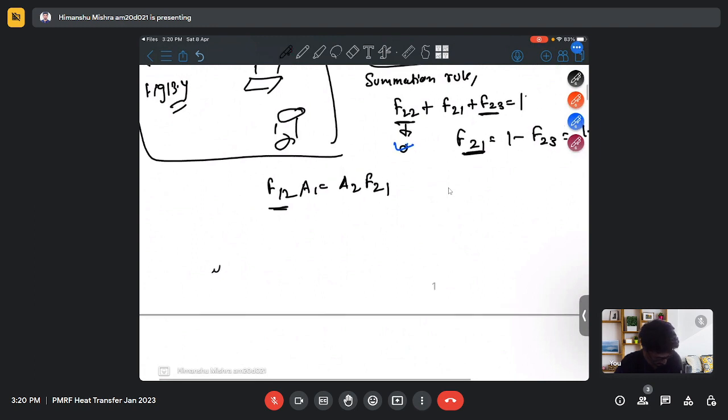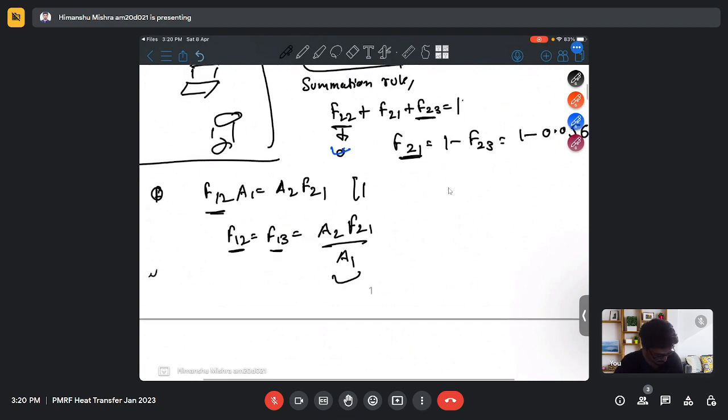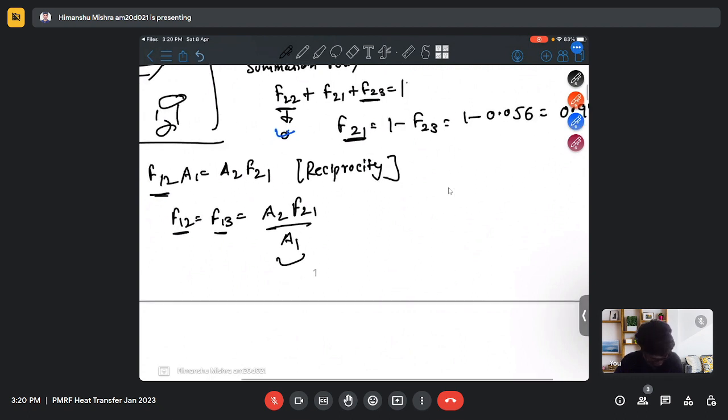Which means my shape factor F12 equals F13, and can be given by this using the reciprocity theorem. Then I can find these shape factors.